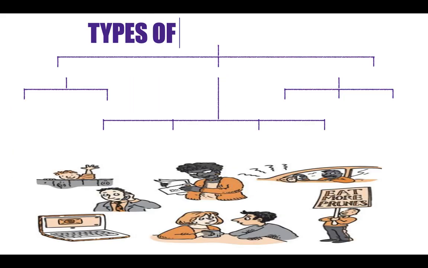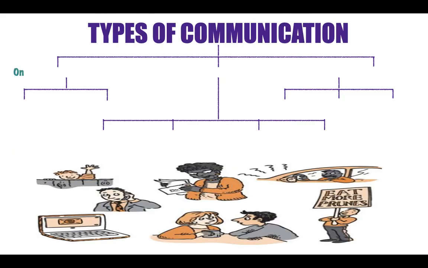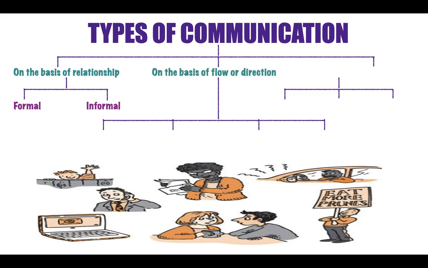Now let's see the different types of communication. We have segregated the types of communication on three bases. On the basis of relationship, we have formal and informal communication. On the basis of flow or direction, we have four types: downward, upward, horizontal, and diagonal communication.